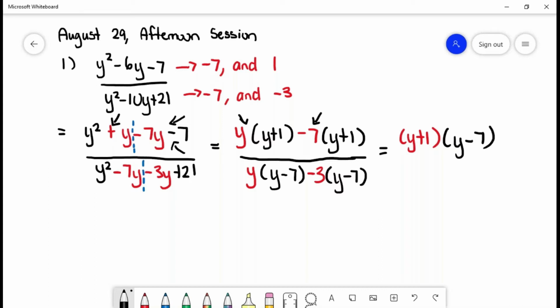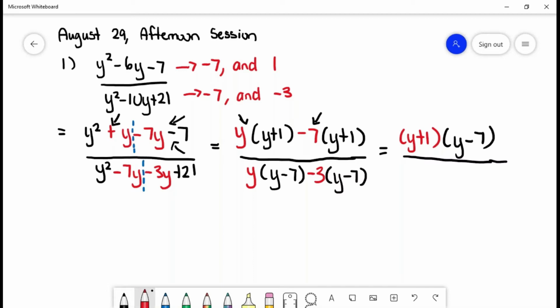So essentially we're just going to write those y minus 7, which are the multipliers for those common brackets. And now, dividing that and looking at the denominator, what we now have would be y times y minus 7 minus 3 times y minus 7.